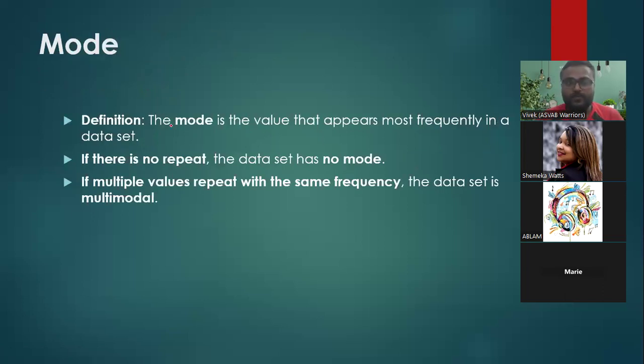Now, mode. The first thing that we are going to learn about is mode. It is the easiest possible thing that you can encounter in the ASVAB paper. The most frequently occurring data set value is the mode. What do I mean by that? Let's say there is a data set 5, 6, 6, 7, 7, 7, 8.